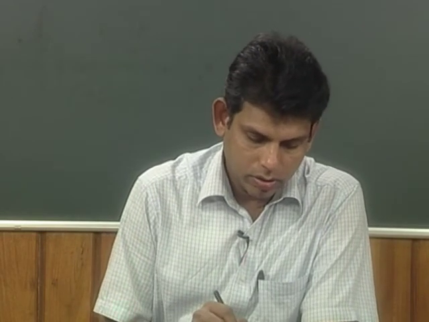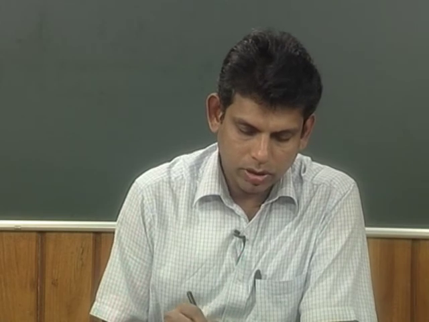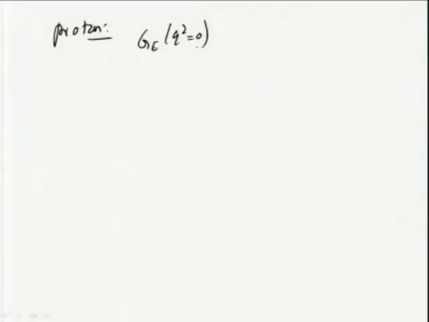The value of GE, as I said, corresponds to the electromagnetic interaction. If you have very low energy interactions, say for example q square is very small or equal to 0, then this form factor should go to unity.